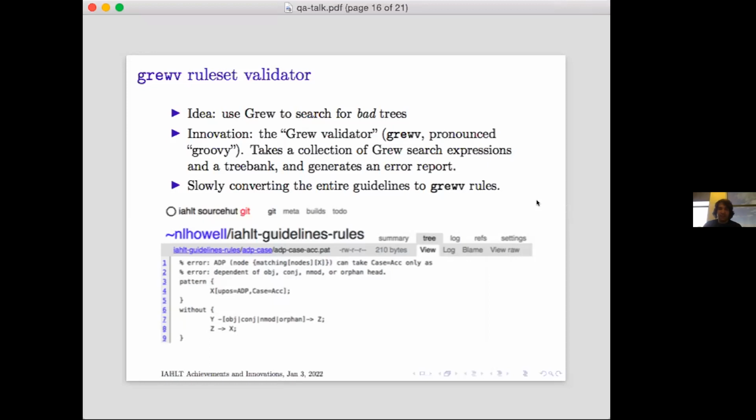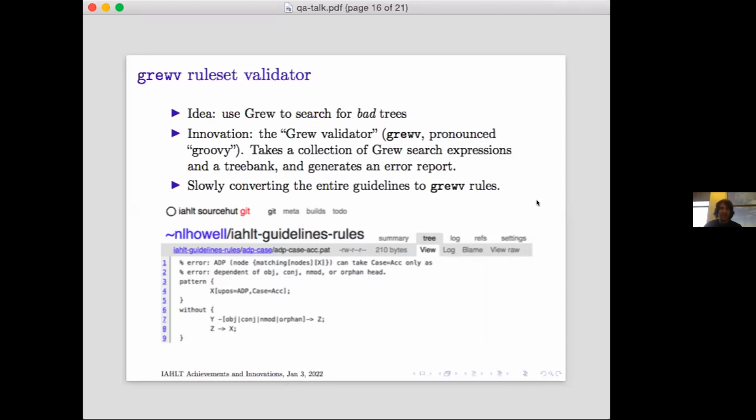Usually the way that GREW is used is you have a large corpus and you're looking to find out if some particular construction or some particular pattern occurs in this corpus, because you're interested in doing corpus linguistics. You're interested in doing some statistical analysis of some large corpus, which has already been treebanked. My idea was we can use GREW to search for bad trees instead of interesting ones.